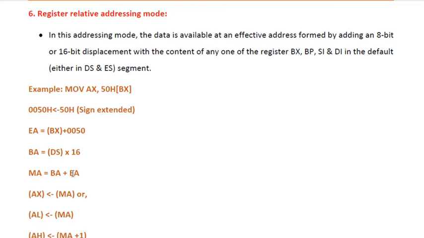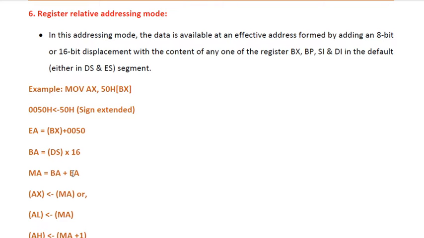To determine that, we first multiply the base address of the segment by 16 in order to create a 20-bit representation, so it's basically appending 4 zeros at the end. By doing that, we create the 20-bit representation of the address, and then to the 20 bits I'll add the effective address formed by adding the content of BX and the sign extended value, that is 0050.